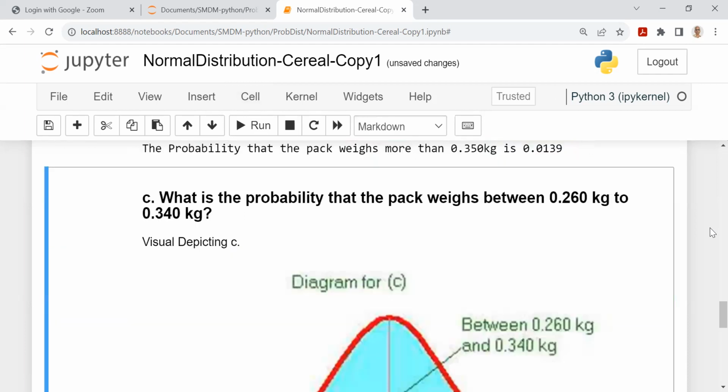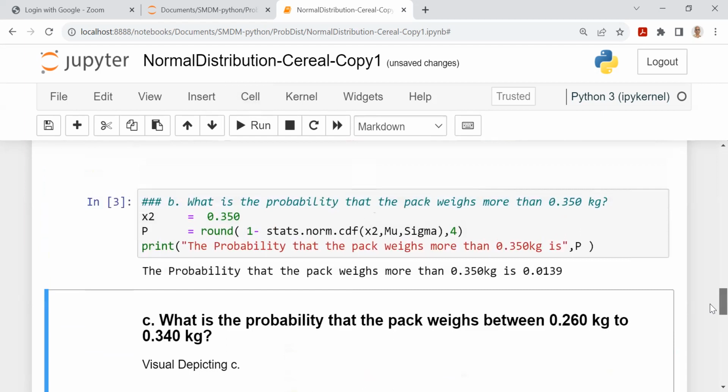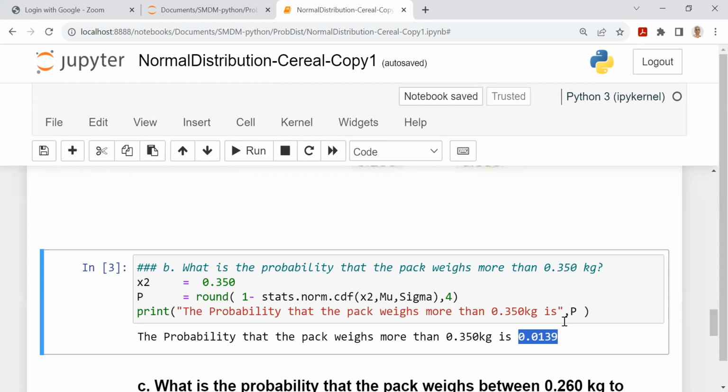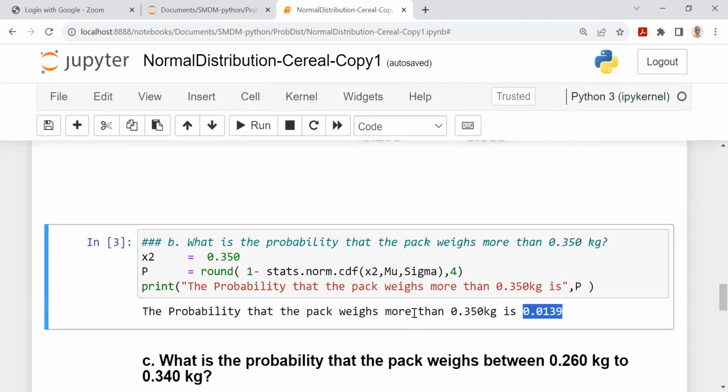Run this code. So you get the answer 0.0139. In other words, the probability that the pack weighs more than 0.35 kg is 1.39%, or in decimal 0.0139. So simple to write in Python and enjoy the solution.